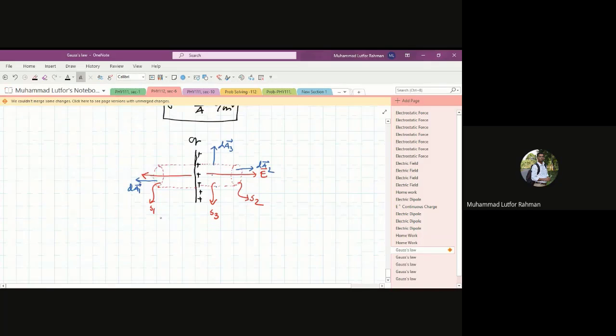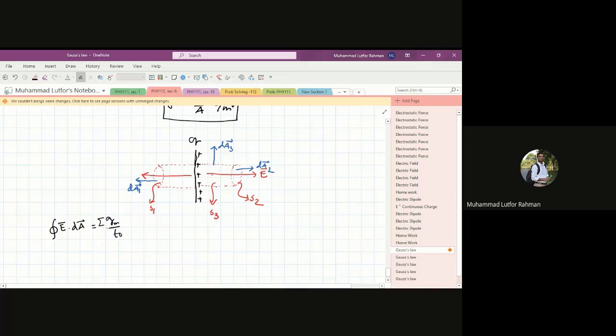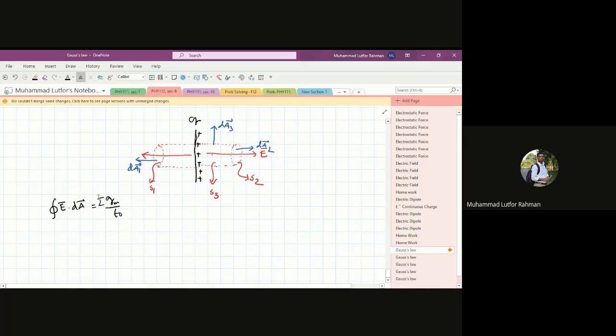Fine. Now I'm going to use Gauss's law to find this. Gauss's law says that the closed integral of E dot dA must be equal to Q enclosed divided by epsilon naught. This is the enclosed charge. What we are going to do in that case is write this for surface 1: this is my electric field, which is constant, it's not changing.